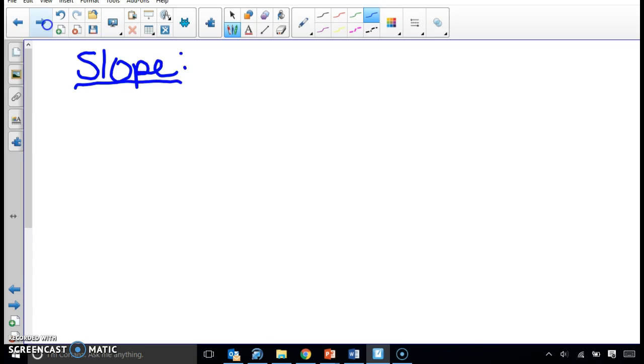Alright, so hush. So what is slope? The definition of slope. Slope is the ratio of vertical change to horizontal change. And ratio is a key word here.